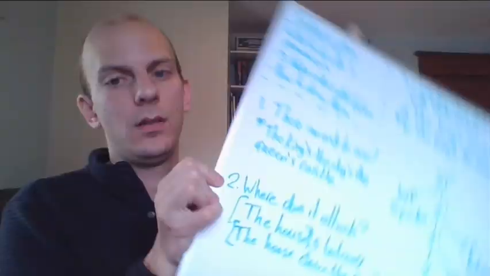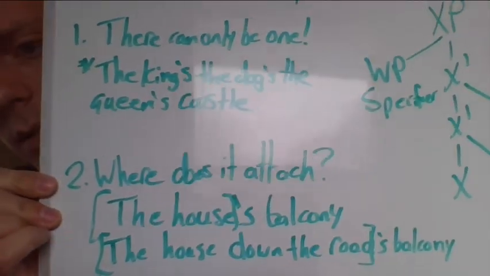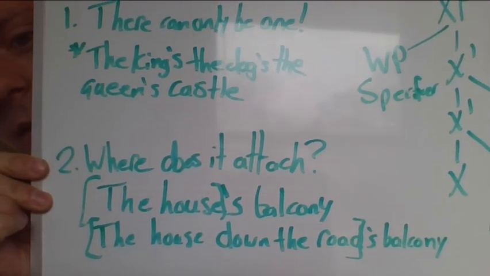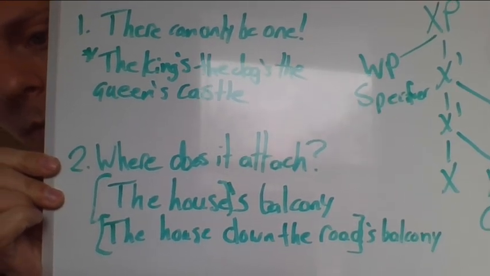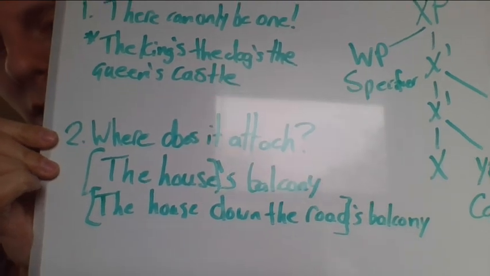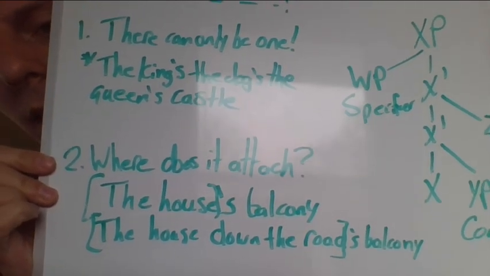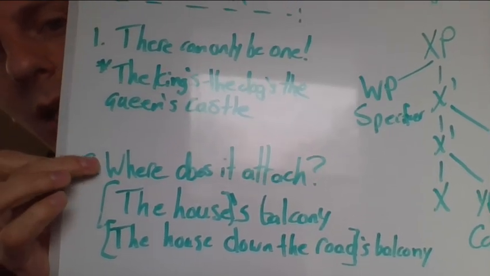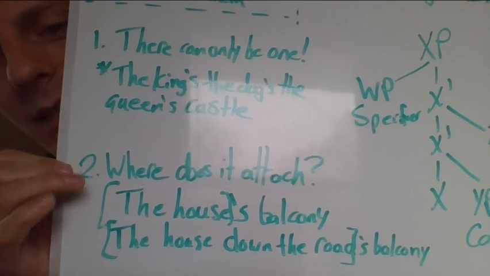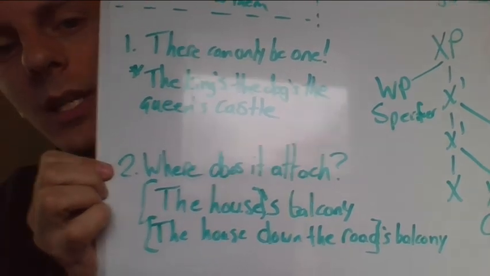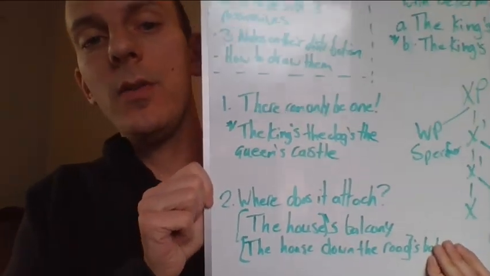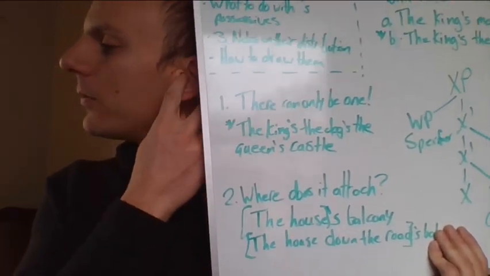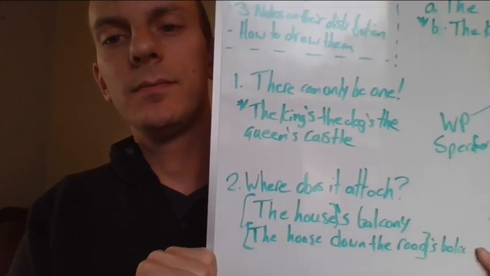Sorry, this is a little messy. Right, it's the house's balcony, and it's also the house down the road's balcony. It goes at that phrasal boundary. That's one observation of where it attaches. It's not really attaching to any of those single words. We can keep putting in other modifiers for the house, and it's just going to keep getting pushed further and further back.